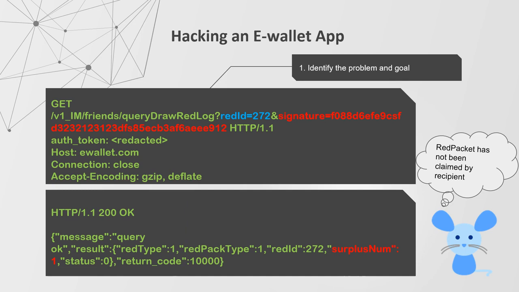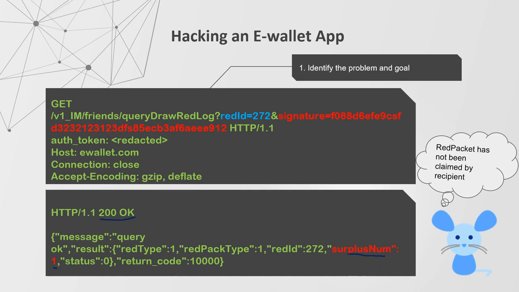For example, the app had a function to send gifts to friends. These gifts are what the Chinese call red packets. If the response returns a 200 OK and states that the surplus number is 1, as you see over here, that means that the red packet has not been claimed by the recipient.